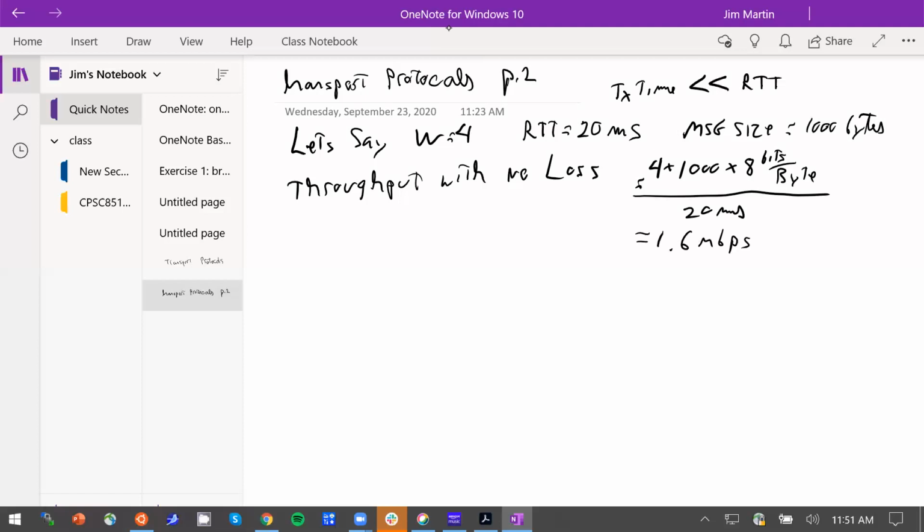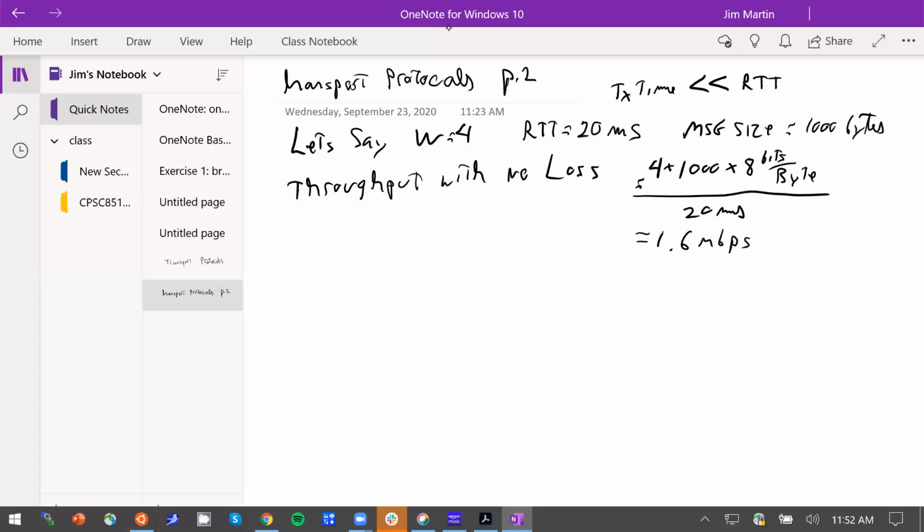So we're assuming that the message size is 1,000 bytes. Window size of 4 times 1,000 bytes times 8 bits per byte. So we get the top in units of bits. The bottom is in units of seconds. So that's the time of the epoch, which is the round trip time, 20 milliseconds. Use a calculator, compute that. 1.6 megabits per second is how fast that transport protocol is going to work.